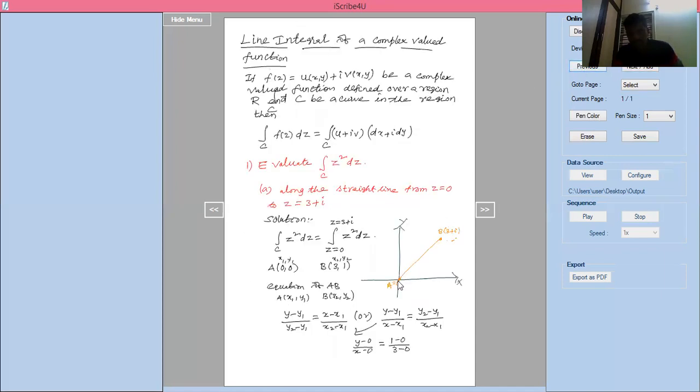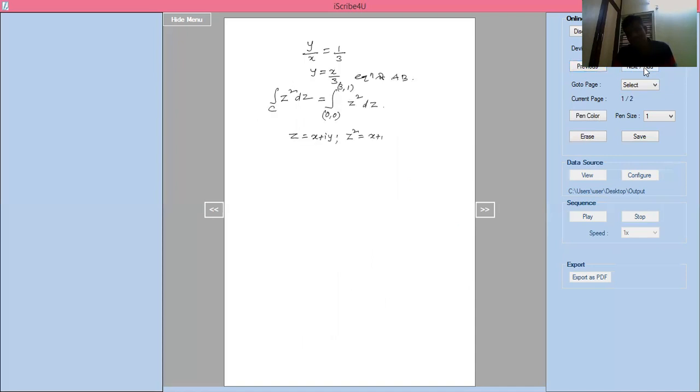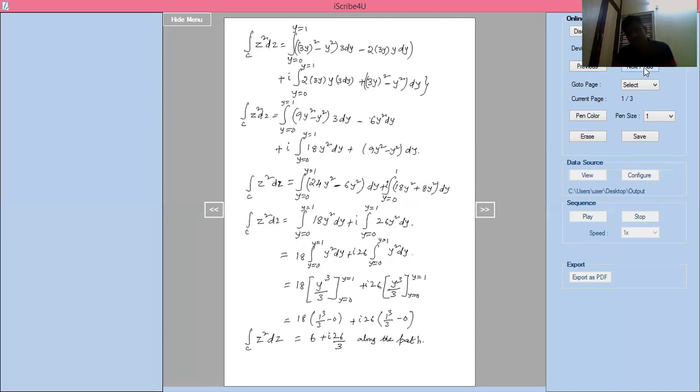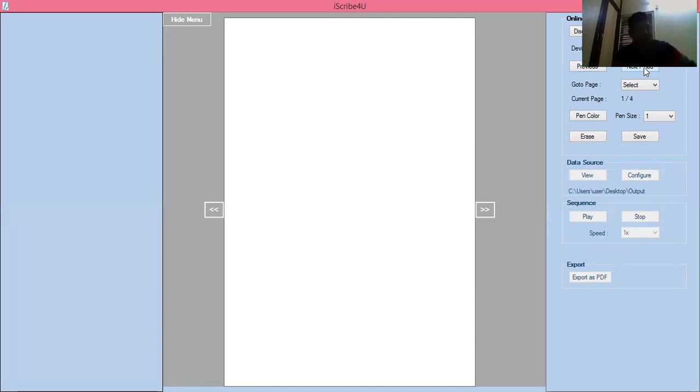A equal to 0 means 0 comma 0 to 3 plus i, that we have taken. So this is the first problem.